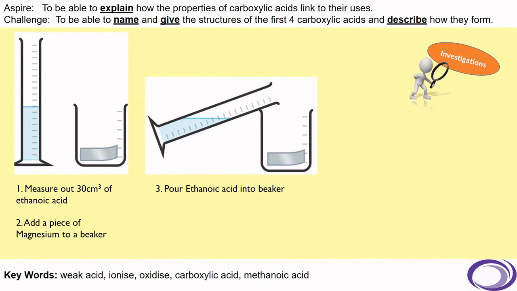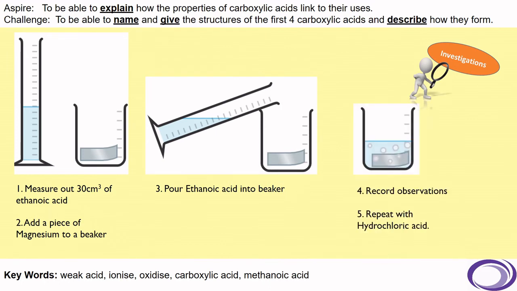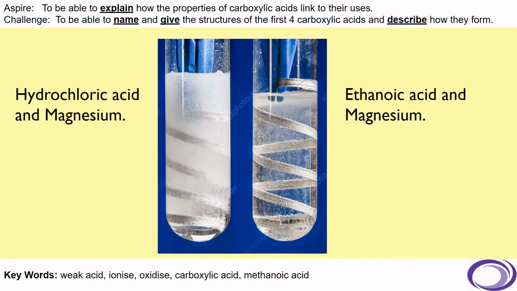If you then pour the ethanoic acid into the beaker, you can record the observations you will see, and you will see fizzing. And then you can repeat that with hydrochloric acid and compare your observations.